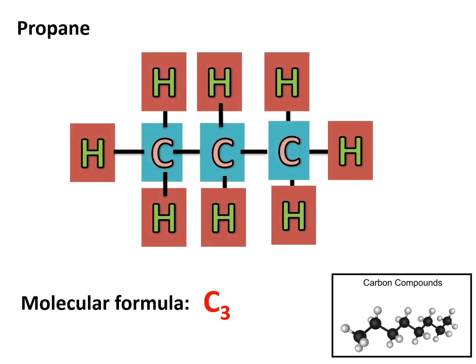When you count the remaining hydrogen, they are nothing but 8. And that is why the molecular formula for propane is C3H8. Similarly, for the other series of alkanes, you will be doing it on your own. The first one was done. The second one I have shown you all.